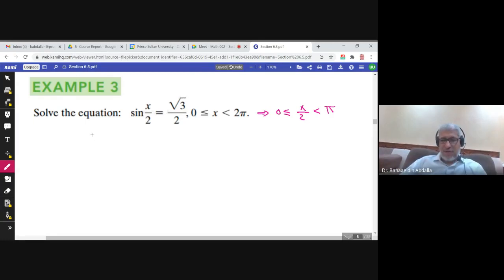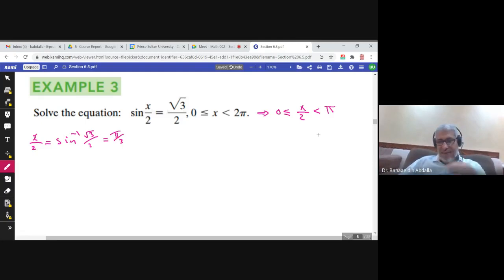Ask the calculator to find, now what would be x over 2? It would be sine inverse of square root of 3 over 2. Ask for sine inverse of square root of 3 over 2 and be sure that you are in the radian mode. The answer is pi over 3.